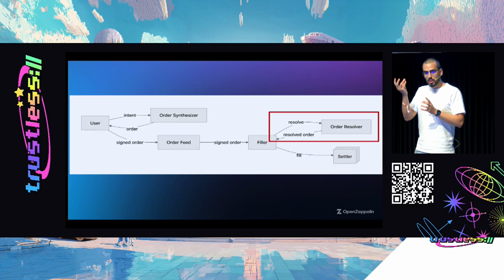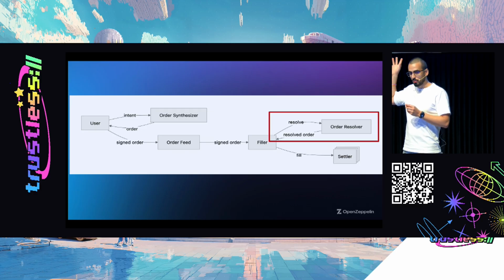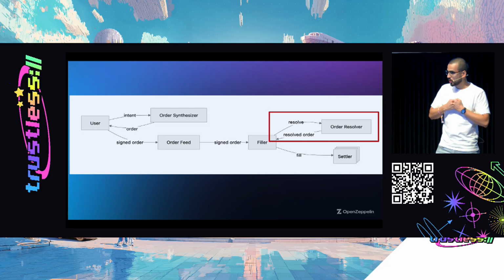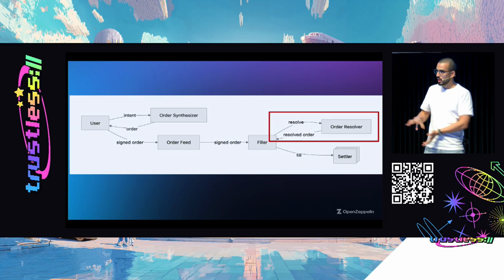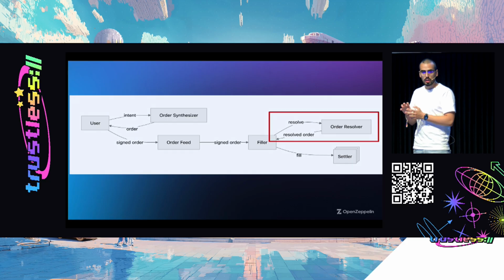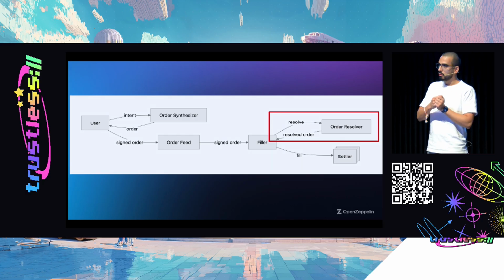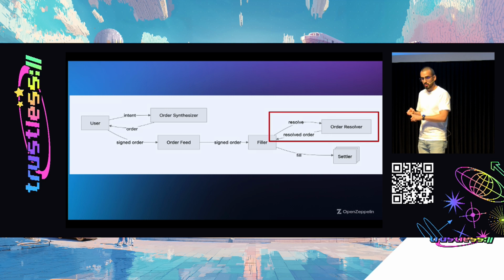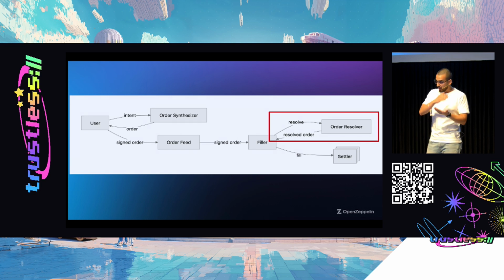But we introduced this role of the resolver. And the resolver provides a service of taking these protocol-specific payloads and translating them to this common language that is standardized by the ERC, which we're calling the resolved order. So when they receive it, before doing the fill, they go through this resolution process, and that can tell them exactly what the order entails and what steps to follow.